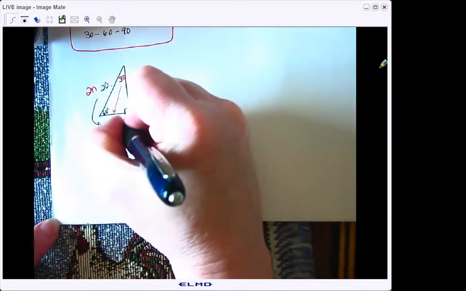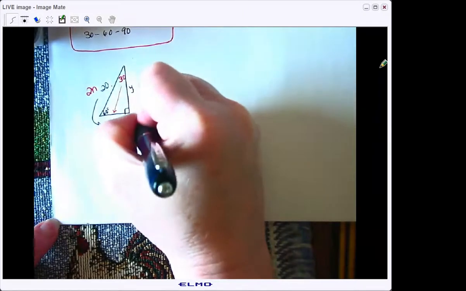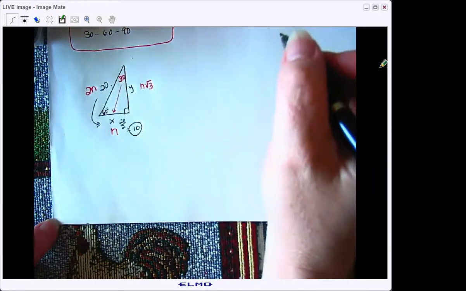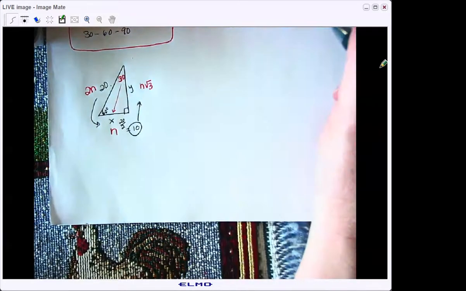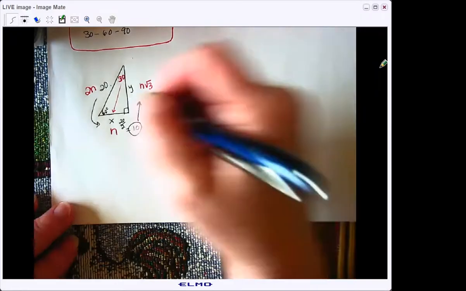So 20 divided by 2 is 10. There's your n. So now that I have n, what do you think the long leg is going to be? 10 root 3.